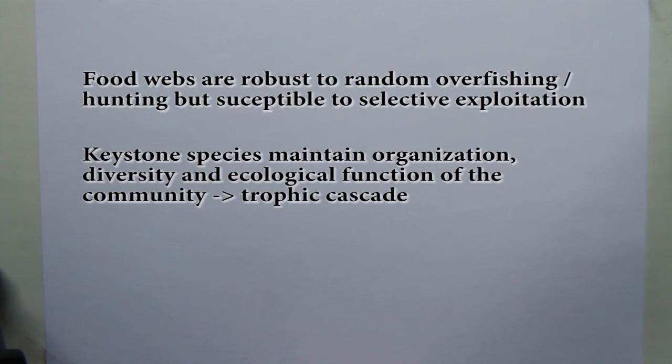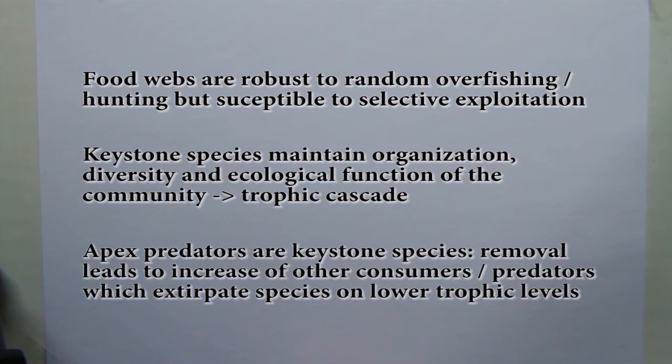The regulation of organisms on lower trophic levels by organisms on higher trophic levels is called trophic cascade. Examples for keystone species are the apex predators. Their removal often leads to an increase of other predatory or herbivorous species, which then extirpate their prey on lower trophic levels.